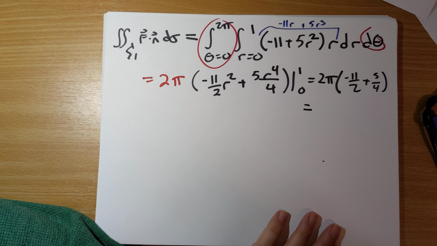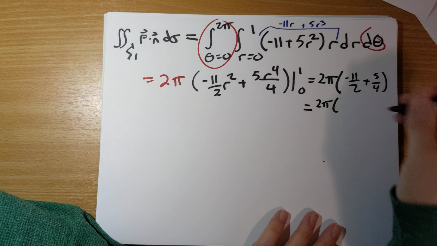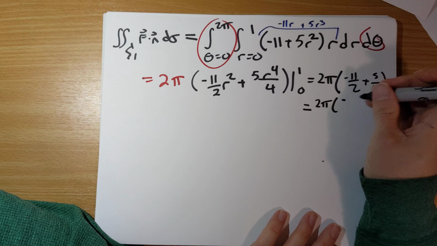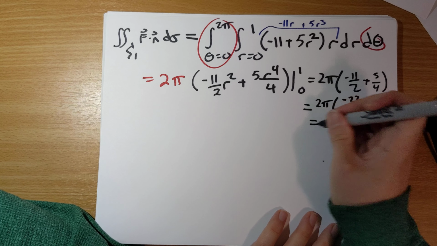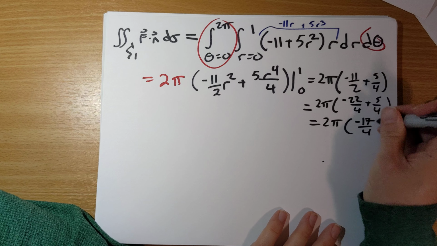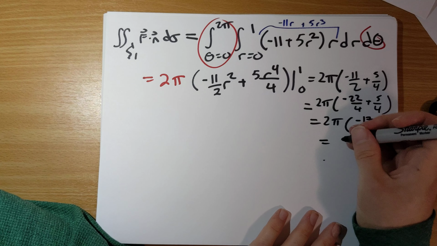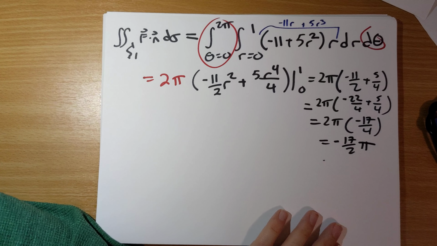Let's simplify this real quick here. 2 pi times, this will be negative 22 over 4 plus 5/4. So 2 pi times negative 17 over 4. So negative 17 over 2 pi.